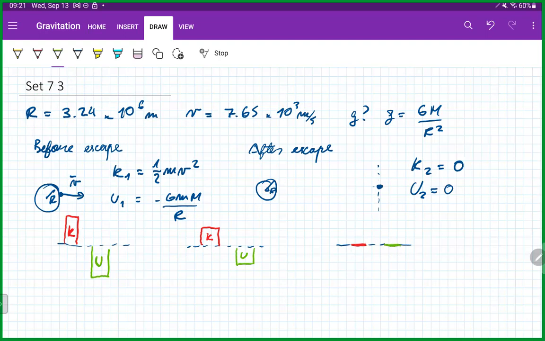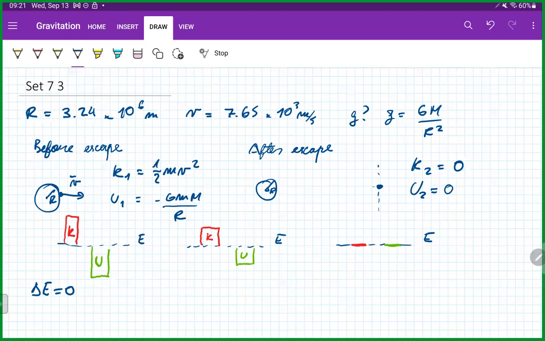This would be our total mechanical energy, and we can say that this energy is conserved, so delta E equals zero. There is no energy being pumped into the system or drawn from the system.